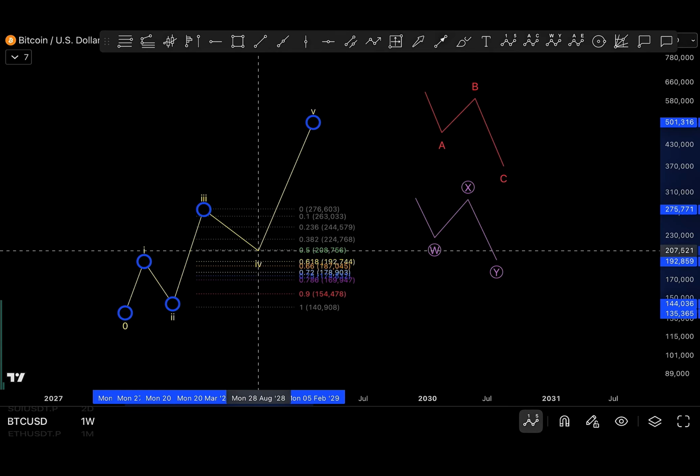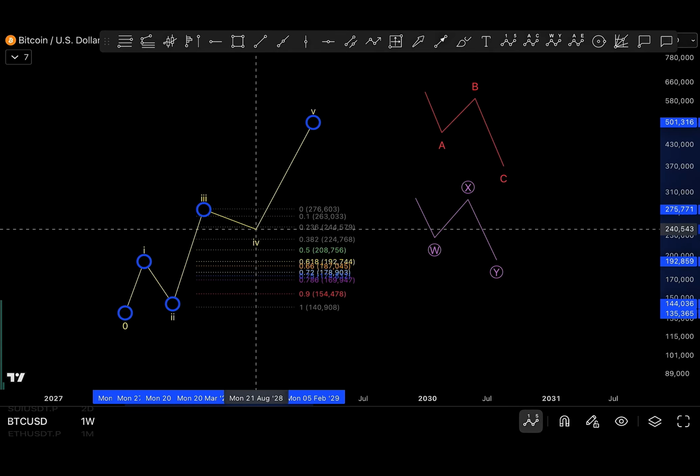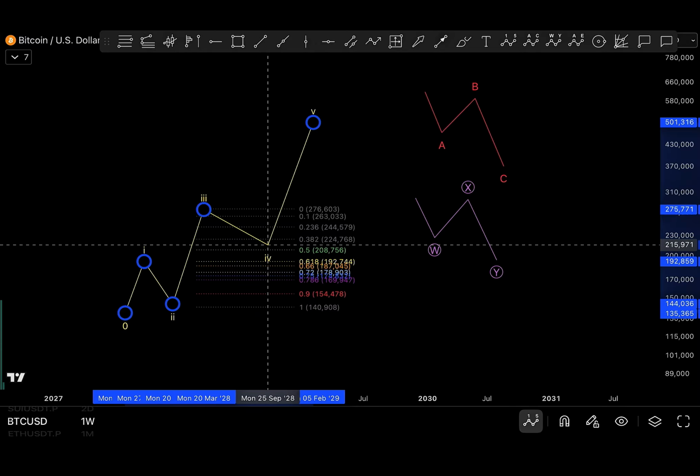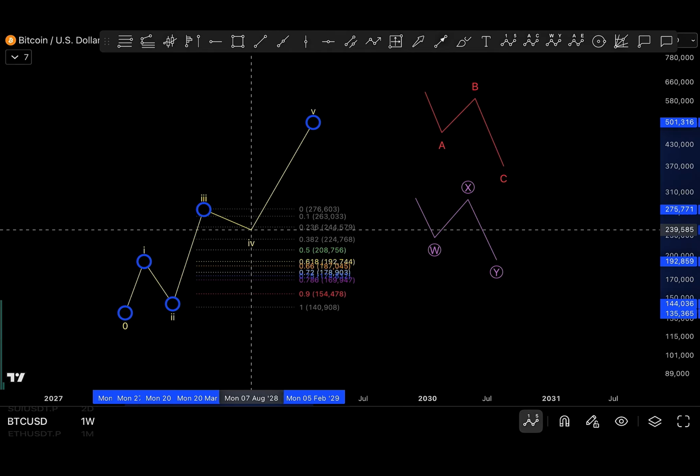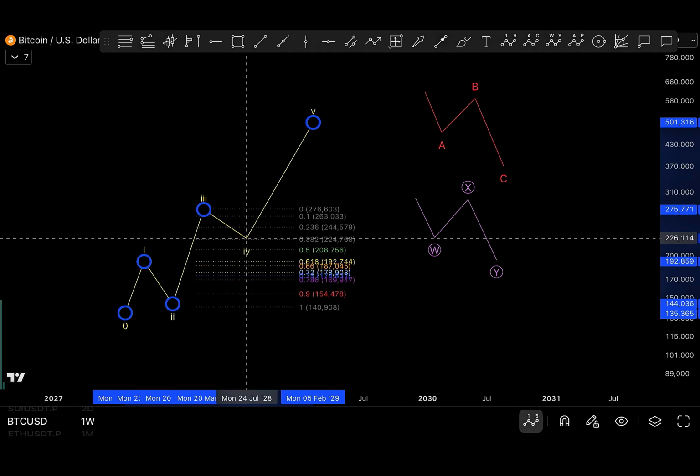Even if you're sure, you cannot be sure in the market. So you can dollar cost average into another long order at this 0.236. Let's say you have $1,000 for this particular long order. So you can use $250 here at 0.236, and then you can use another $300 here at 0.382, which means you already used $550.